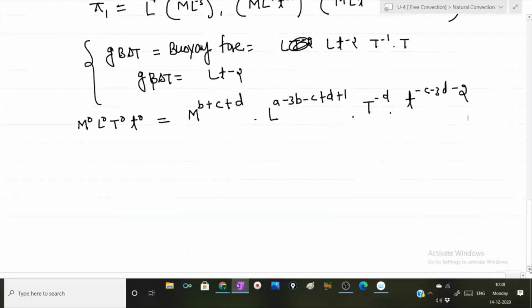From the law of logarithms, I have just combined the exponents of the base M, L, capital T and small t.